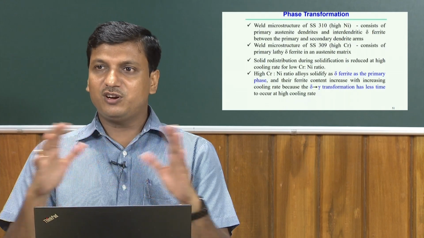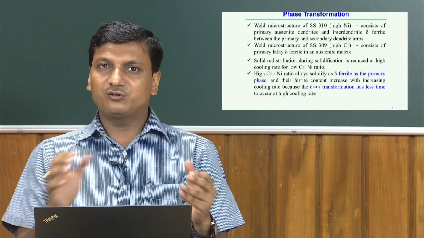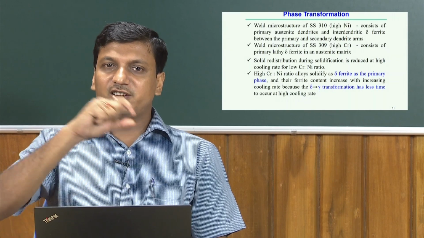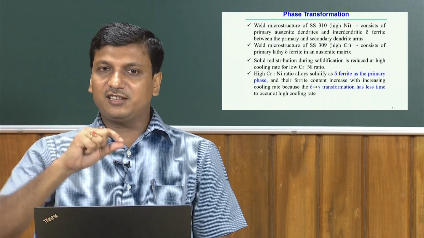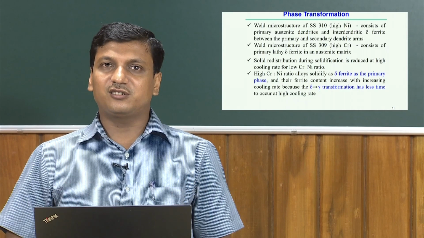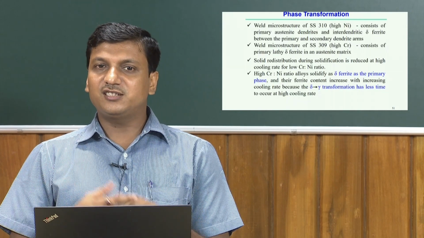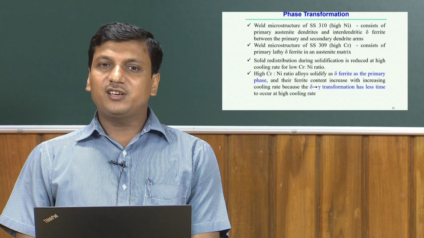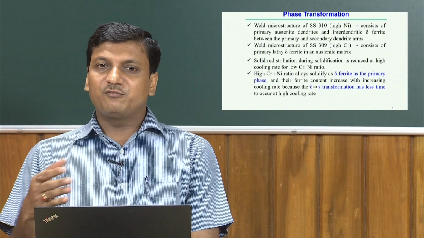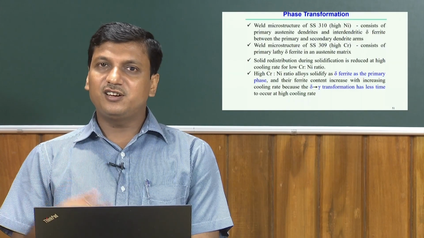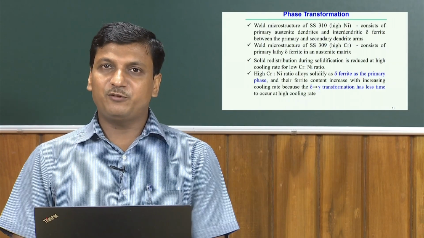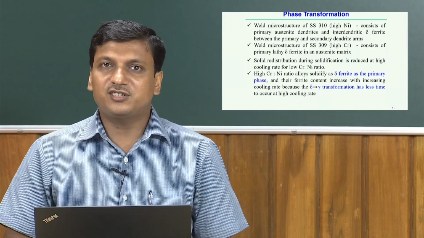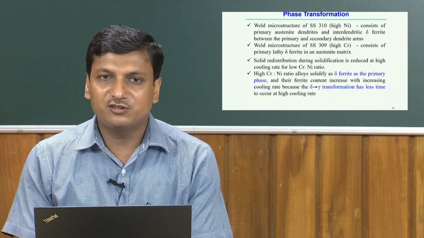That means the overall structure is an austenitic matrix, and within it the delta ferrite exists as laths. Their microstructure may be different from SS310; although in both cases austenite as well as delta ferrite phases exist, the distribution, shape and size of the delta ferrite may be different in these two cases.